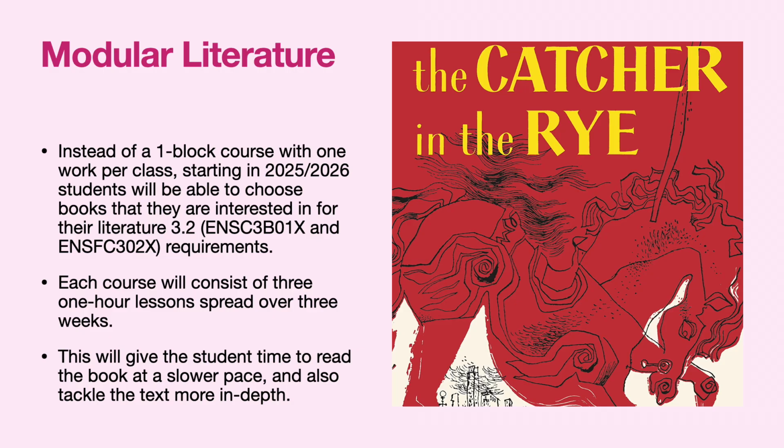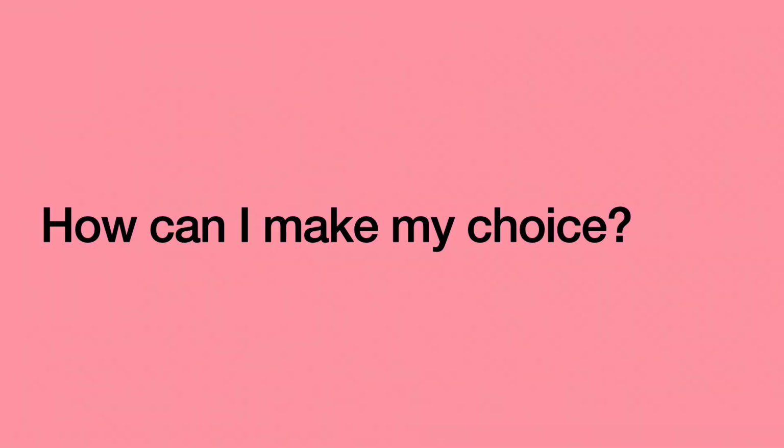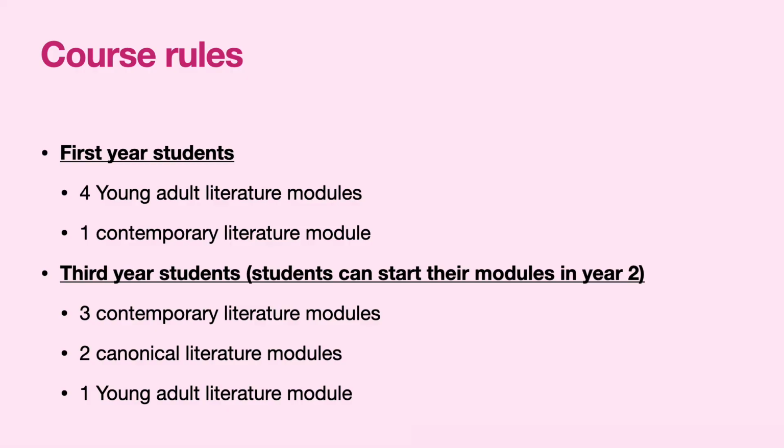So the question that you now have is how you can make your choice. Next year, we're going to have 40 plus different modules, so 40 plus different books that you can choose from. But there are a few rules that you have to consider when making your choice. The first one is that first-year students will have to take 4 young adult literature modules and 1 contemporary literature module.